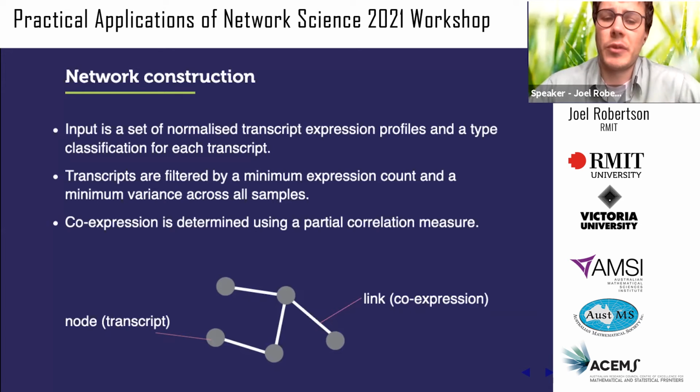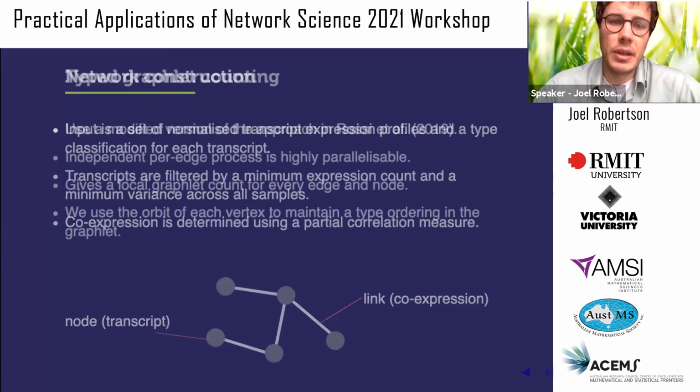It's a bit of a problem here, because that can lead to spurious edges where the correlation is not direct, but based on other nodes that the nodes might be connected to or correlate with. So we want to use a partial correlation measure that isolates only the direct interaction between the two nodes in question for an edge.